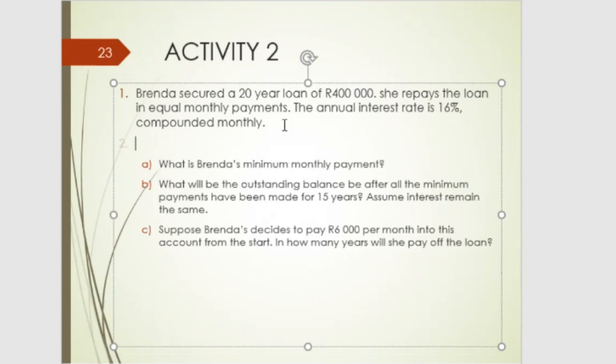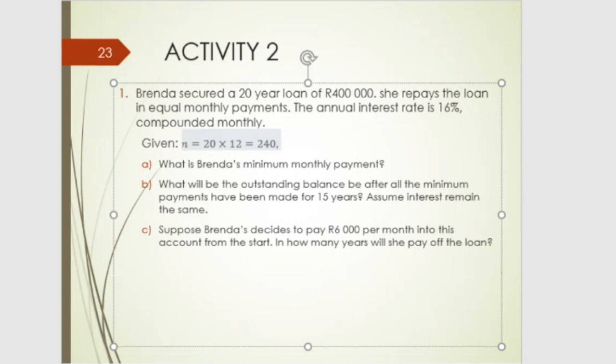All right, so let's start with what is given in this scenario. We have a 20-year loan, so the number of years is 20, and it is compounded monthly, meaning it is going to be multiplied by 12, to give us 240 months.